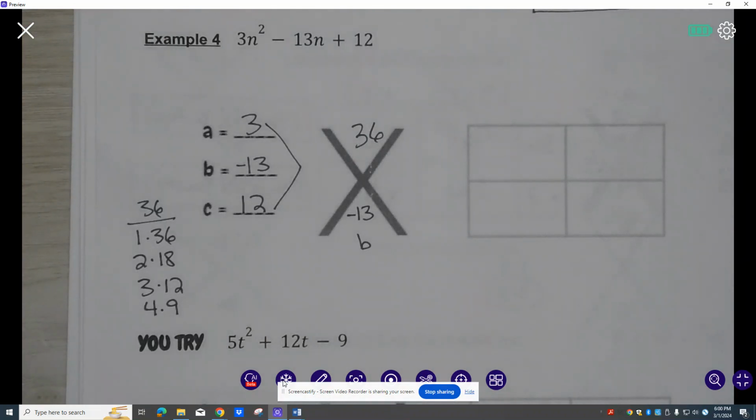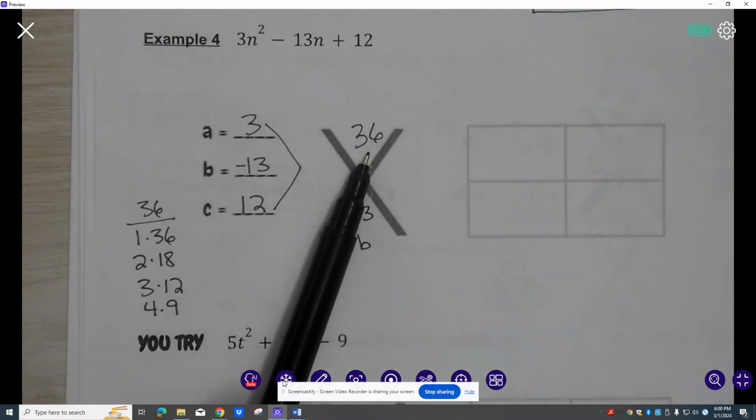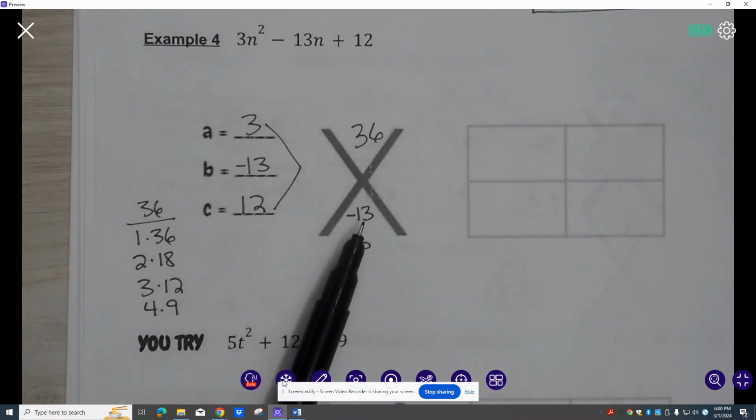I think that is all of them. And again, you need to be able to list these factors so that you can find two factors that multiply to give you 36 and add to give you negative 13.